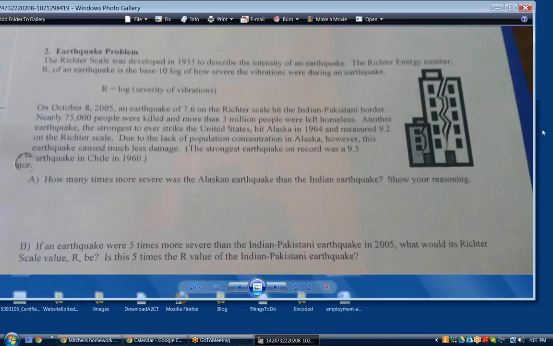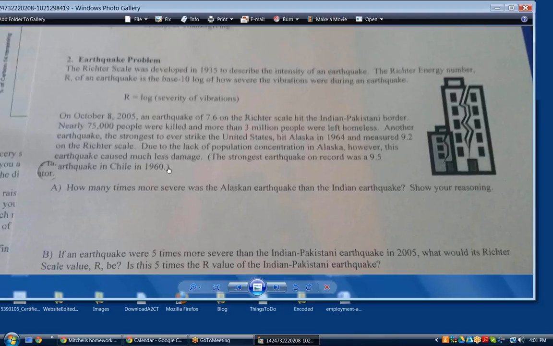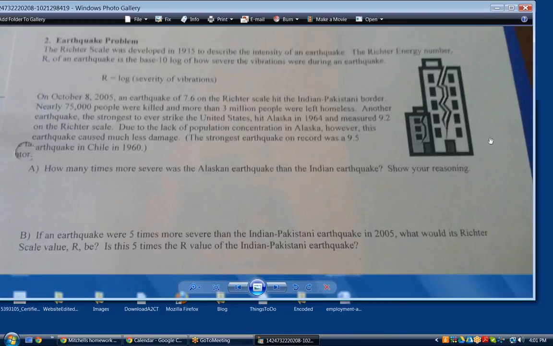Okay, so this first problem, this earthquake problem here. Yeah. All right, I just got this, so I haven't had a chance to read it. Let me take a look at it.